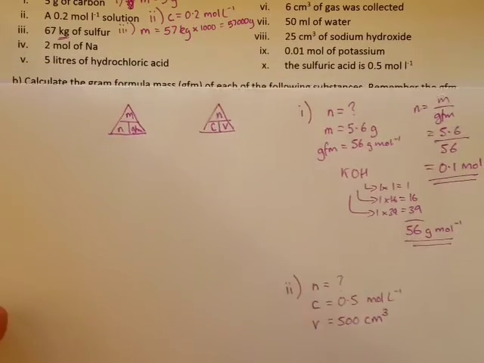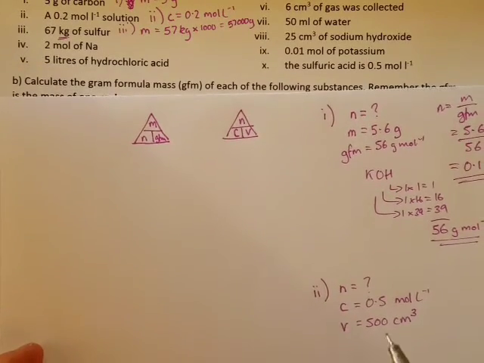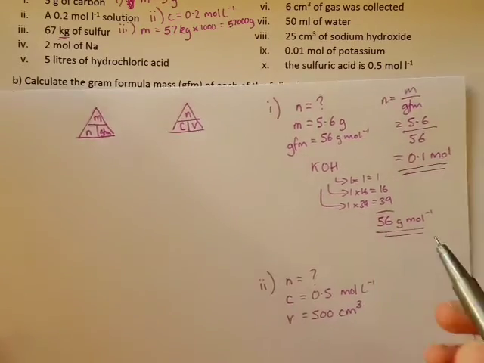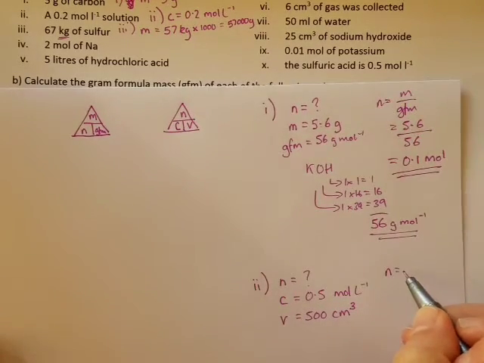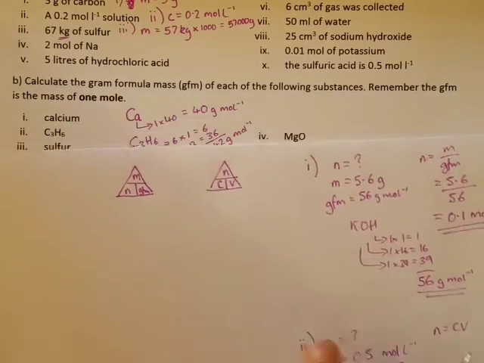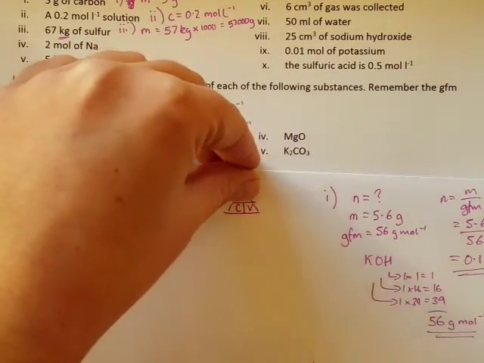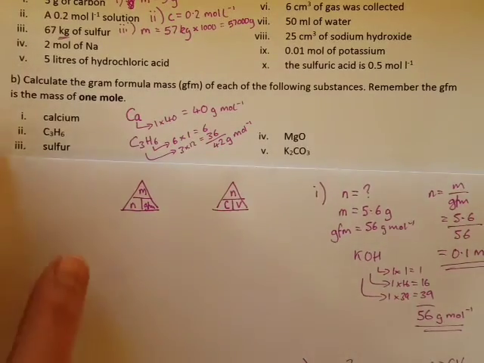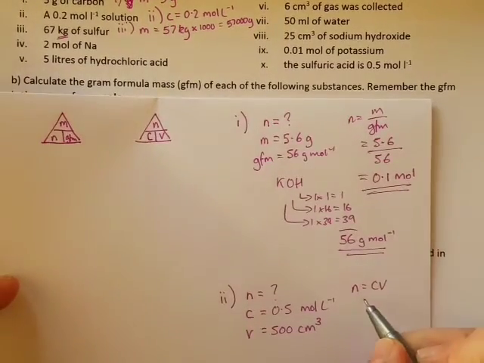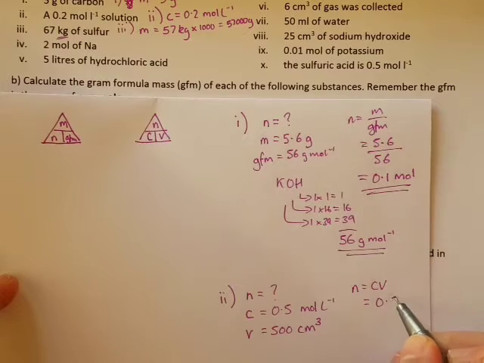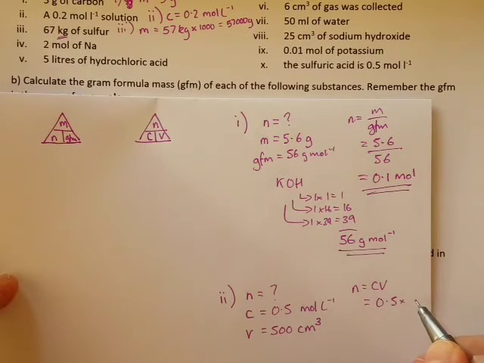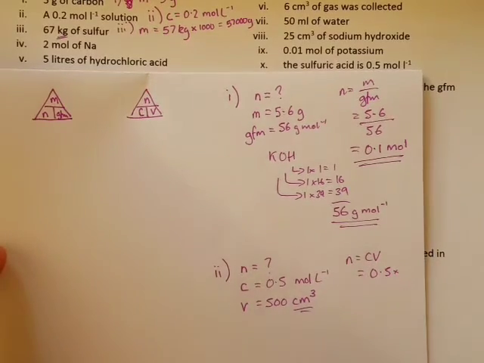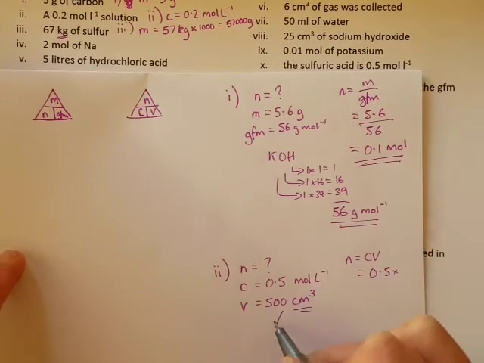Okay, so which equation do we think we're going to use? Well, we're given a concentration and a volume, so of course we're going to need to use n equals CV. Because we're trying to calculate the number of moles, we just do C times V. We don't need to rearrange that equation. So n equals C times V, which equals 0.5 times... Oh, what have I forgotten? I've forgotten something important. Centimetres cubed, I need to convert to litres.